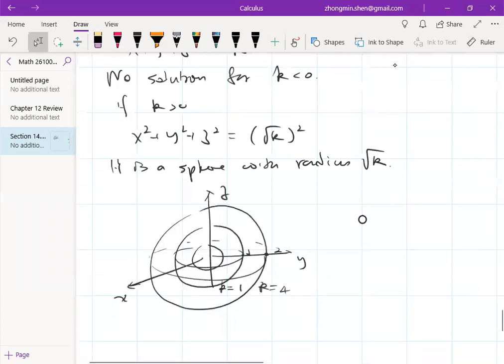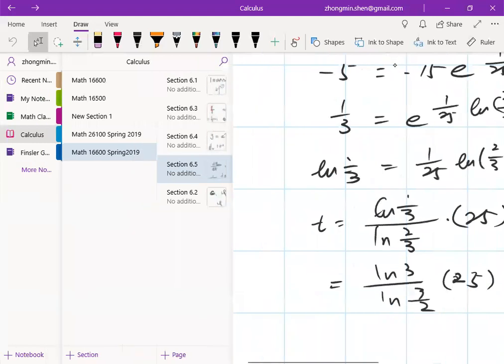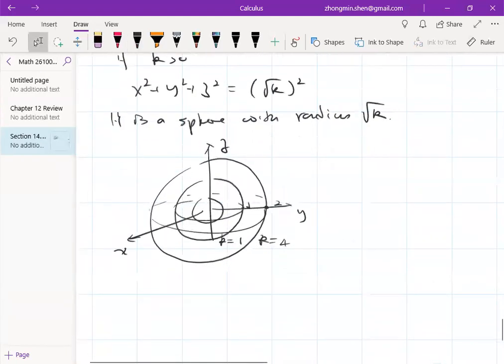The function is actually defined on 3-dimensional space into 1-dimensional space.